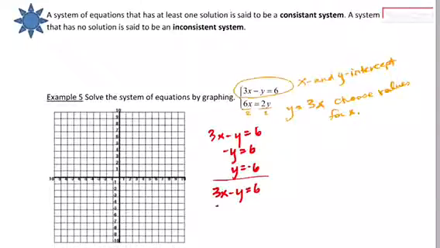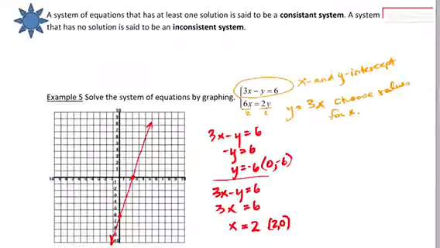Let y be 0, 3x equals 6, x equals 2. I have (0, negative 6) and (2, 0). So (0, negative 6) is here, (2, 0) is here. And there's my line.